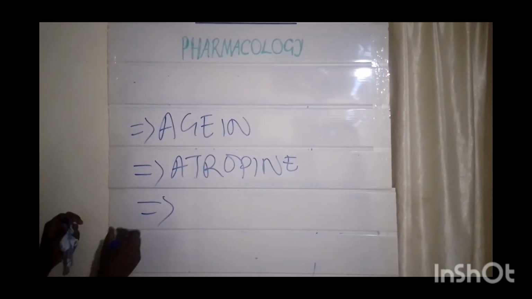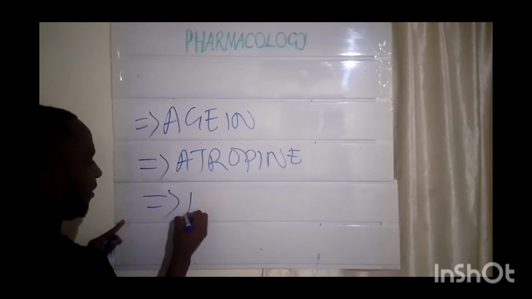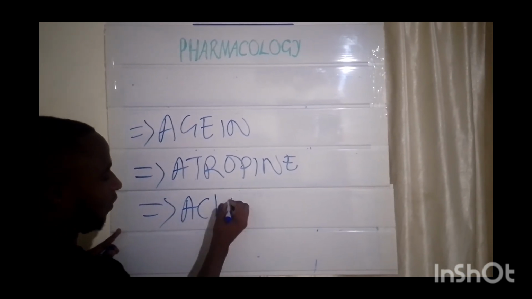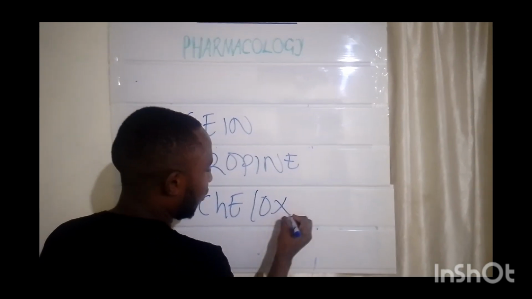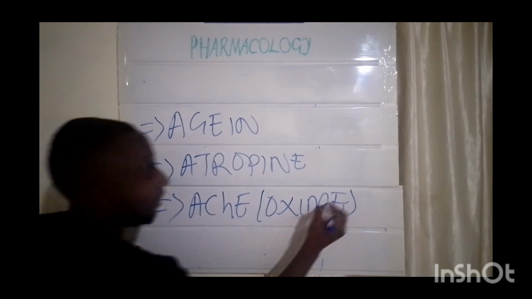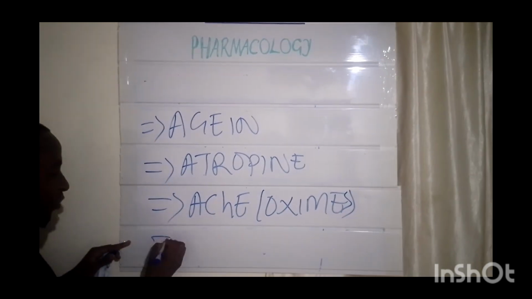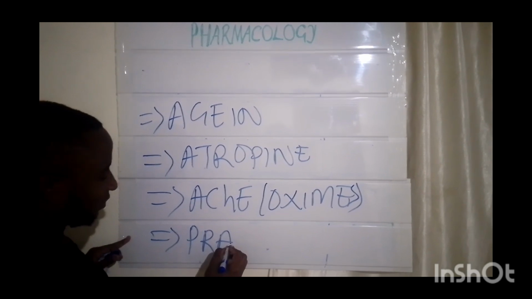Then I talked about acetylcholinesterase reactivators, which are called oximes. So these oximes, I gave an example of pralidoxime.